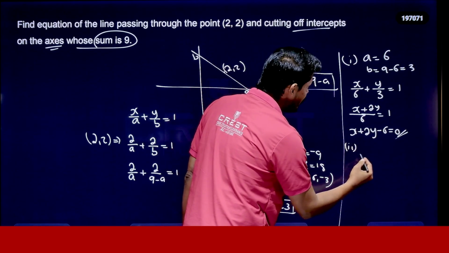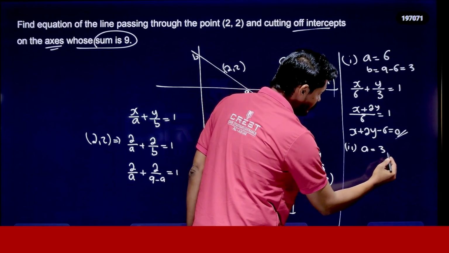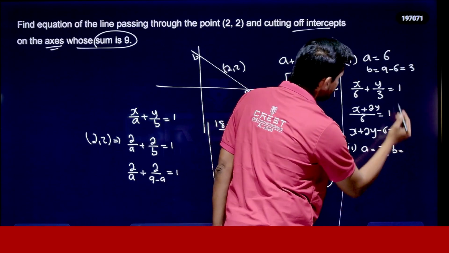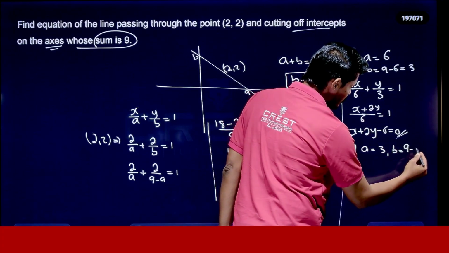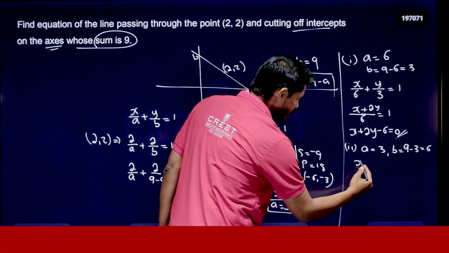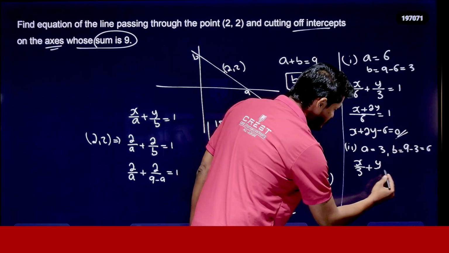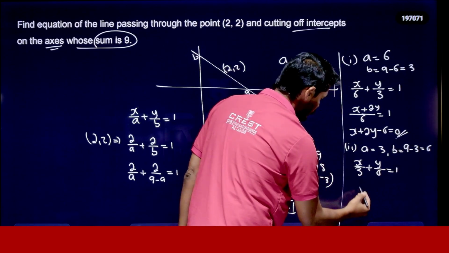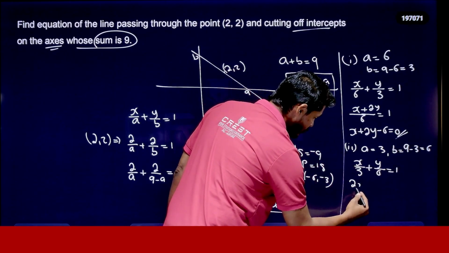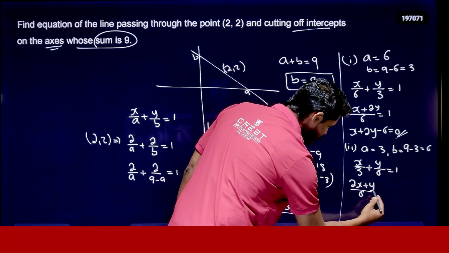If a is equal to 3, then what is your b? b can be found by 9 minus 3, that is equal to 6. So the equation becomes x divided by 3 plus y divided by 6 equal to 1. We can write this as (2x plus y) divided by 6 equal to 1.